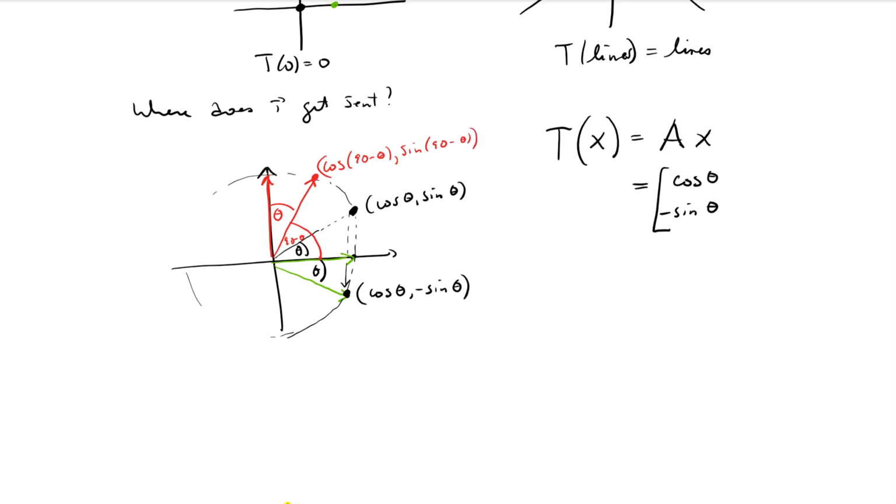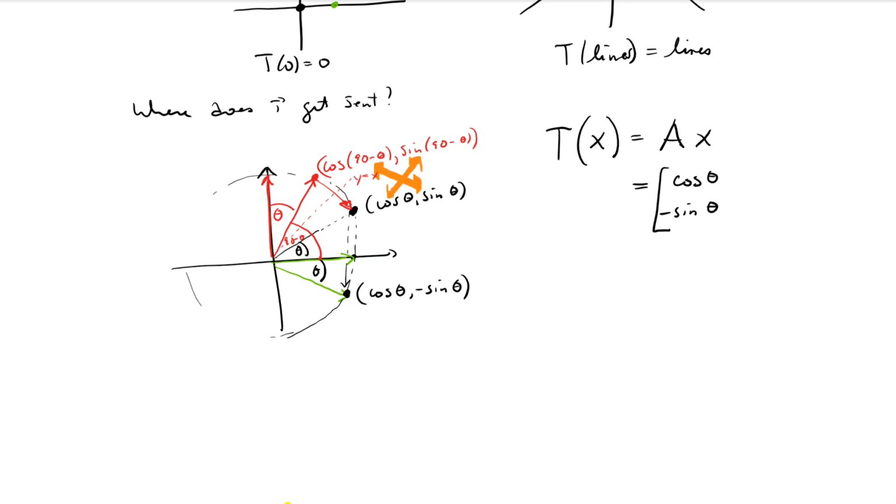But hey, hang on. If we mirror that point across the line y equals x, we're going to get this point here, and as we do this, the x coordinate becomes the y and the y becomes the x. In other words, these two are equal, and these two are equal.